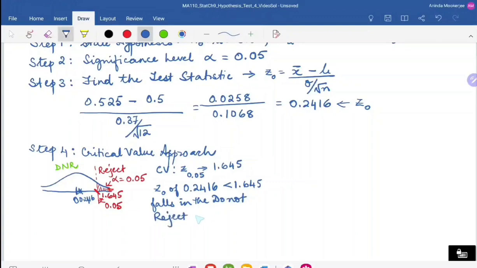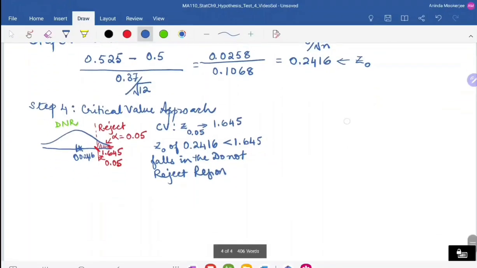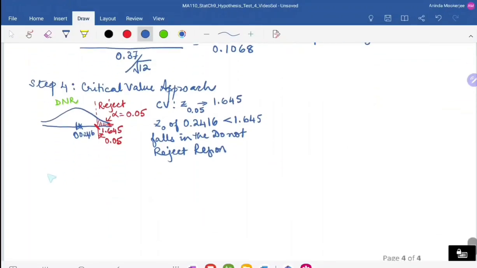Therefore, the decision, in step 5 where we state the decision, is do not reject the null hypothesis.